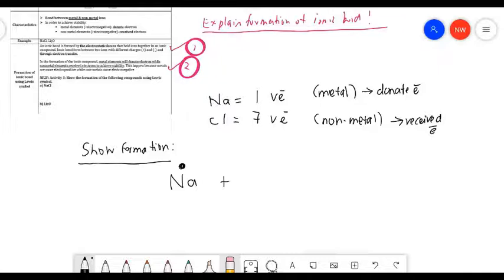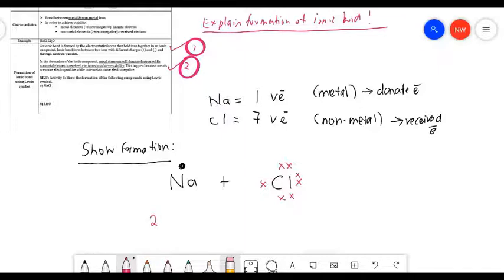Okay, so untuk chlorine ada 7. Okay, I draw untuk chlorine 1, 2, 3, 4, 5, 6, 7. Okay, so sekarang kita tahu chlorine belum mencapai octet sebab valence dia ada 7 saja valence elektron.